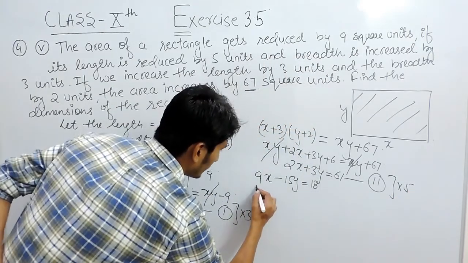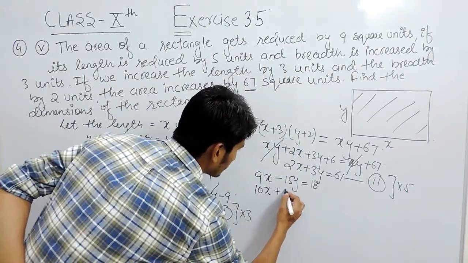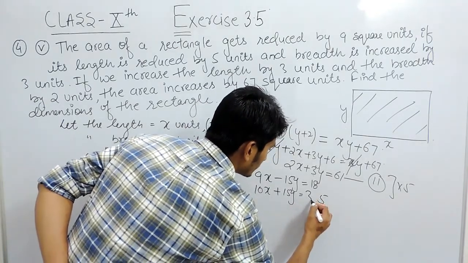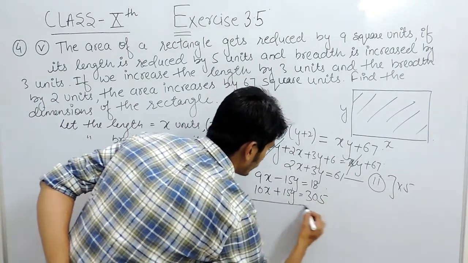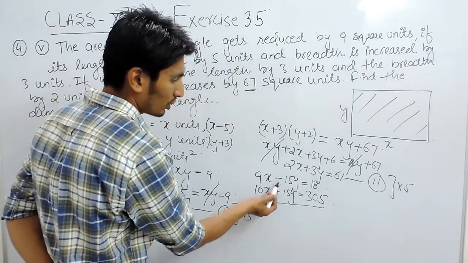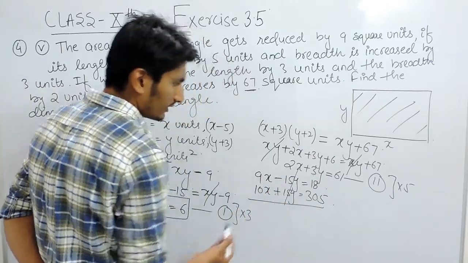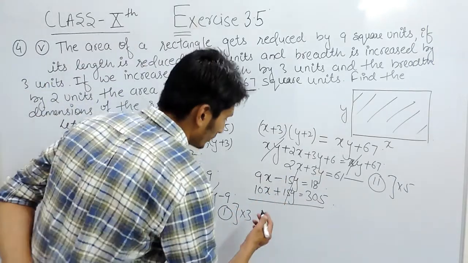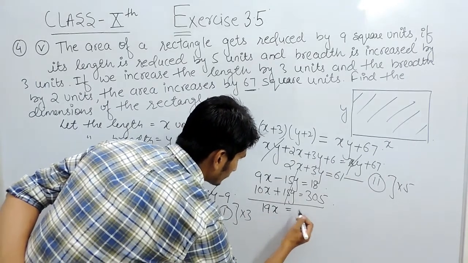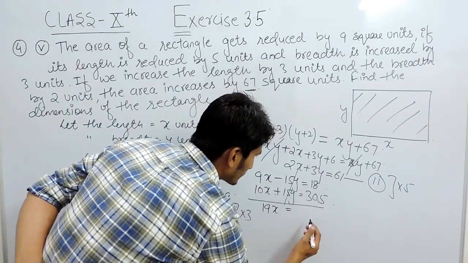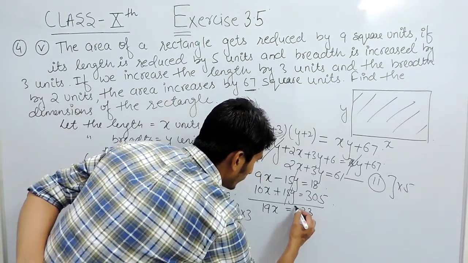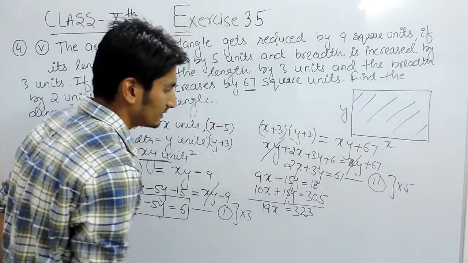This will give 10x plus 15y is equals to 5 sixes are 30, and you have to simply add them because the equation is already easily solved. So 10 plus 9 is 19x. This is 30 plus 18 is 48, and this is 323.